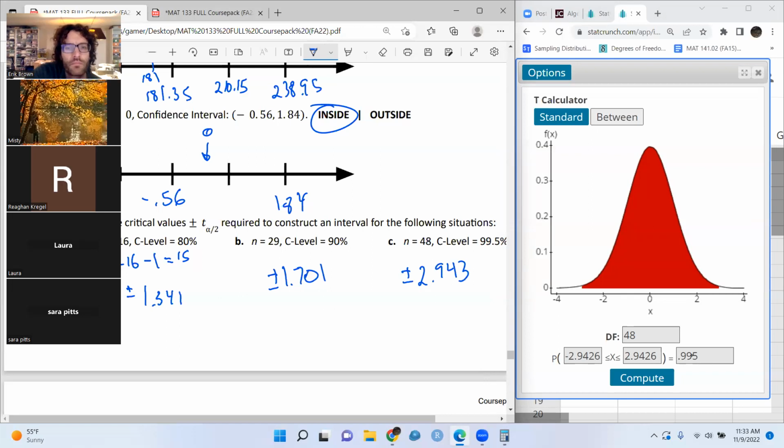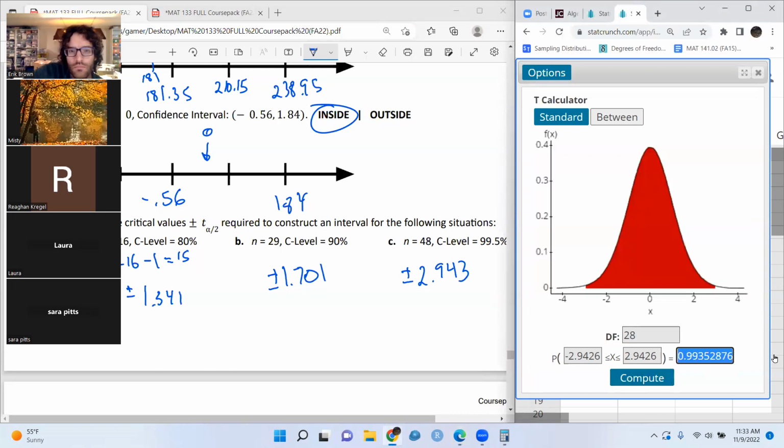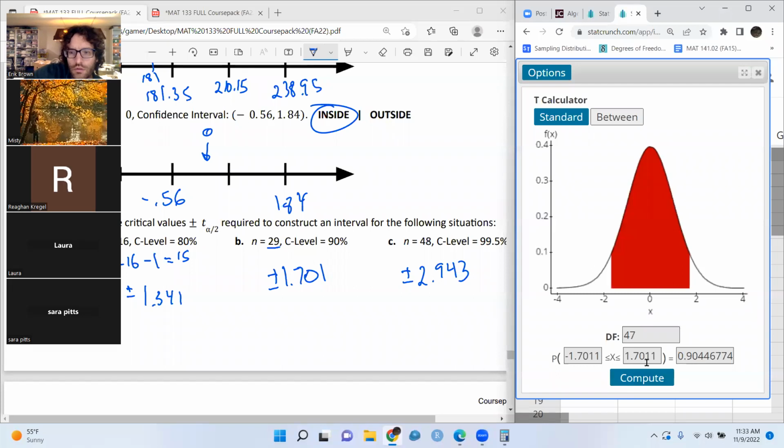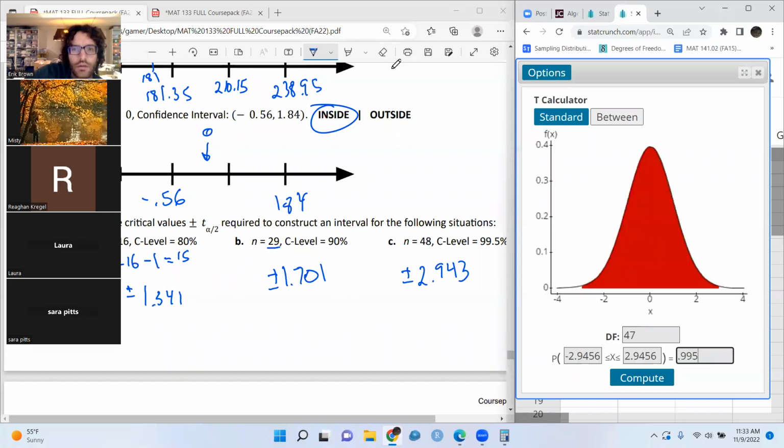Okay, you didn't use the DF on C. Did I not change it? It's 29, 48 minus... Oh, see? It's 48 on that one, and it should be 47. Did I put 48? Sorry.